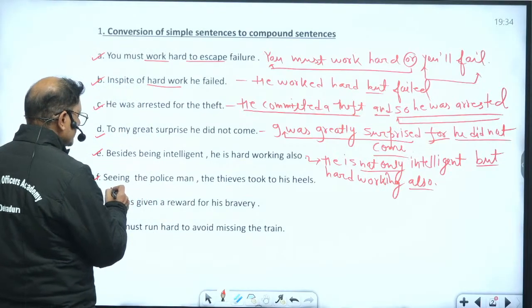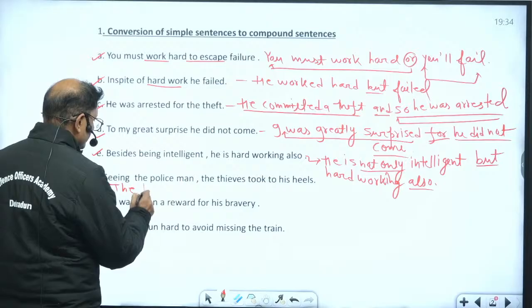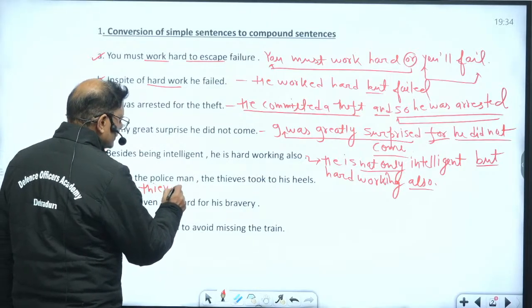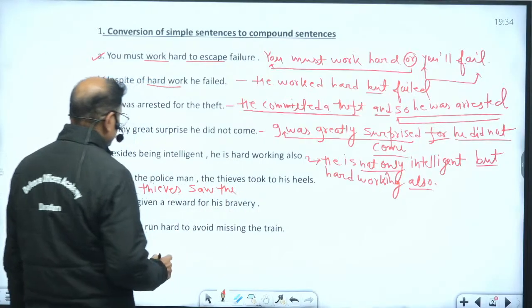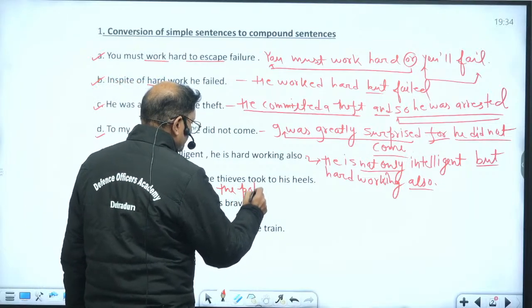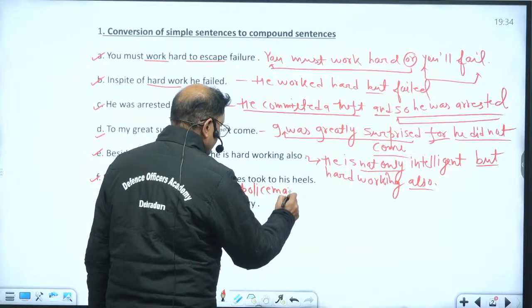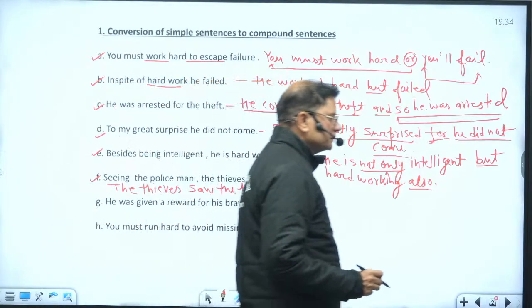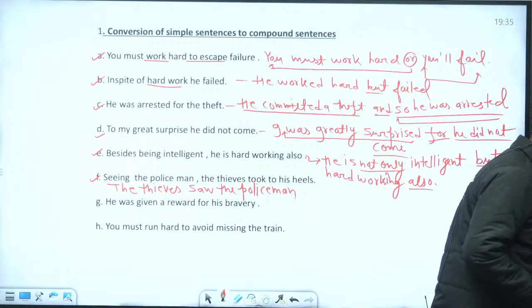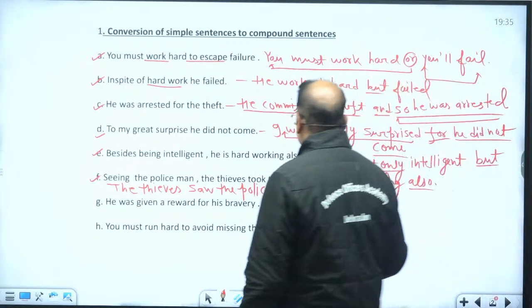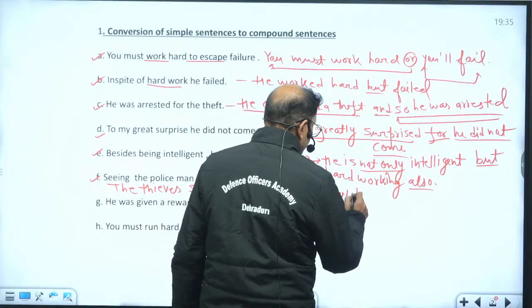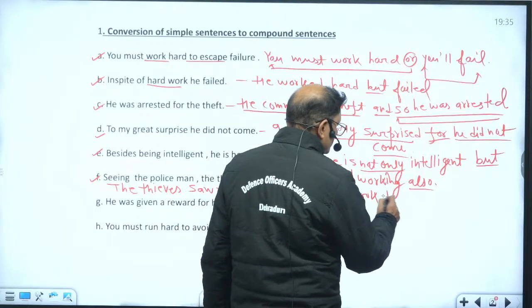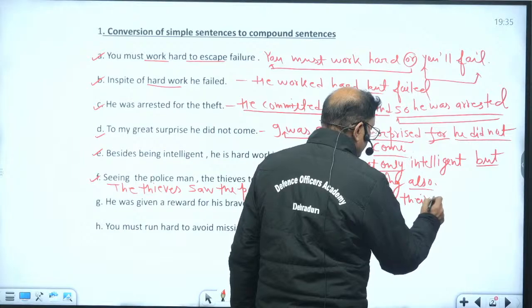The thieves saw the policeman, okay, and they took to their heels.